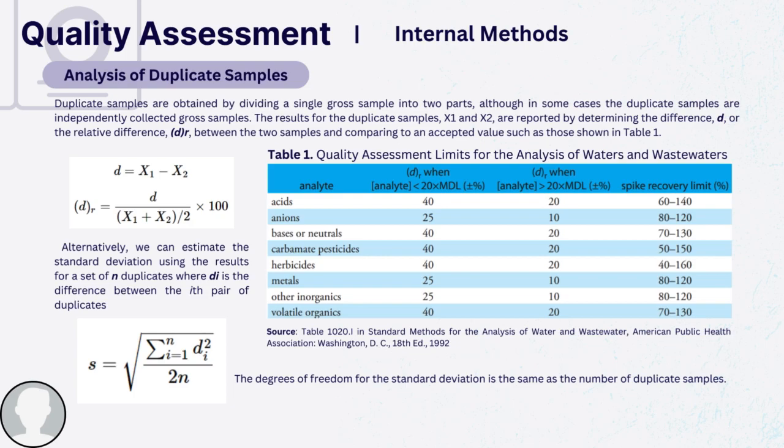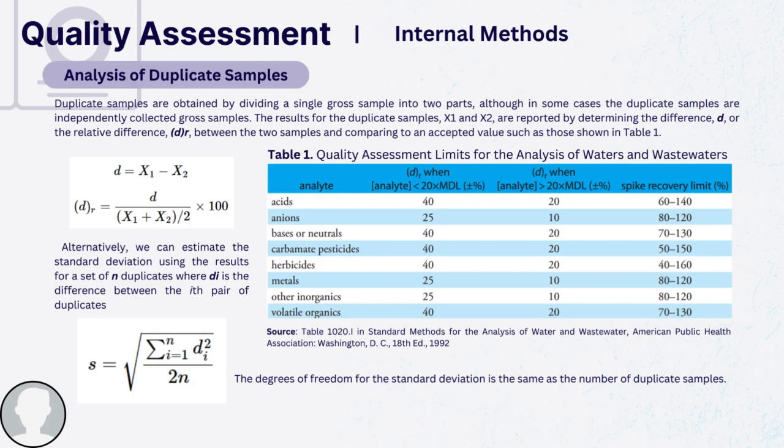Duplicate samples are obtained by dividing a single gross sample into two parts, although in some cases, the duplicate samples are independently collected gross samples. We report the results for the duplicate samples as x sub 1 and x sub 2, determine the difference or relative difference between the two samples, and compare them to an accepted value such as those shown in Table 1.